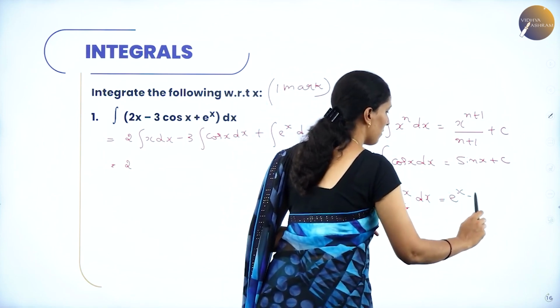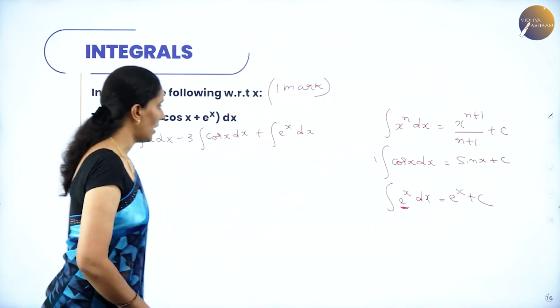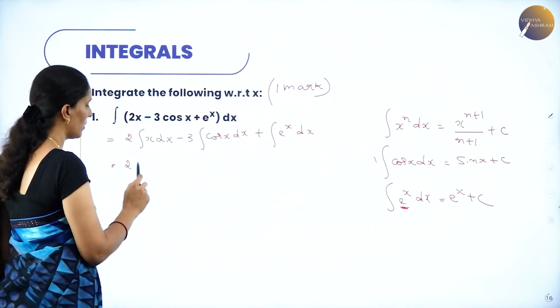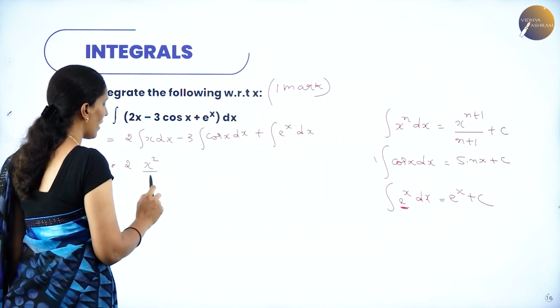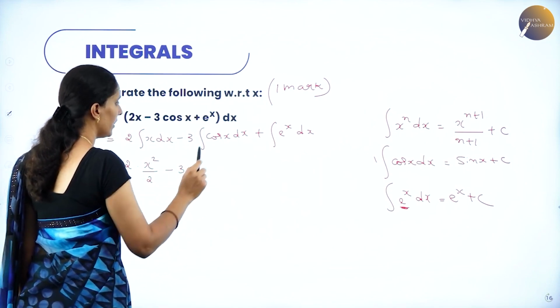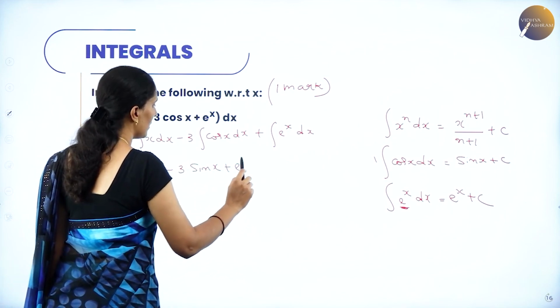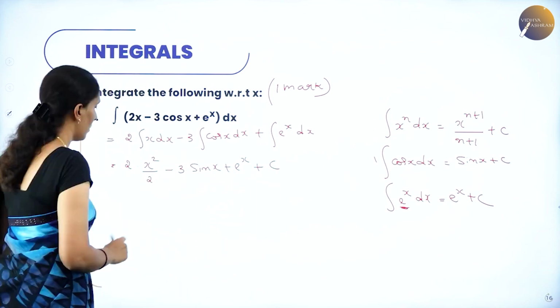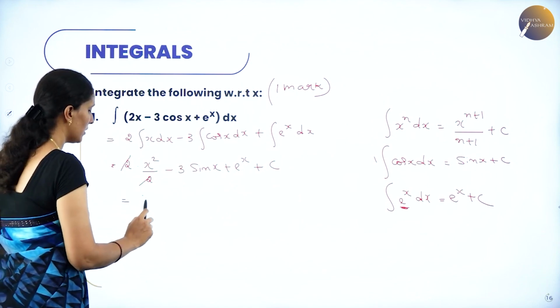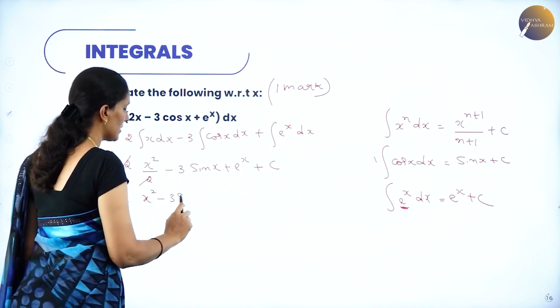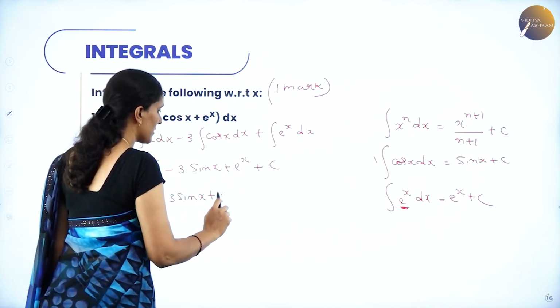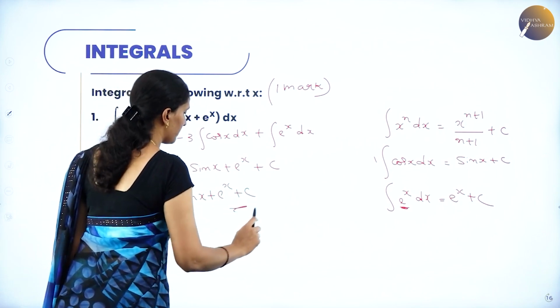So therefore it is e power x plus c. Thus here the answer is 2 into x square by 2 minus 3 into integration of cos x, which is sin x, plus e power x plus c. We can cancel 2 here. Therefore, x square minus 3 sin x plus e power x plus c.